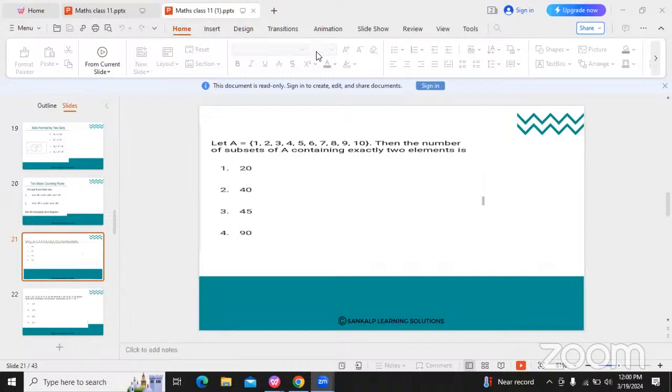Students, collection means it comes with the formula nCr. So what is the nCr formula? The nCr formula states factorial n divided by factorial r into factorial n minus r. So this is the formula. Try to solve the problem now.